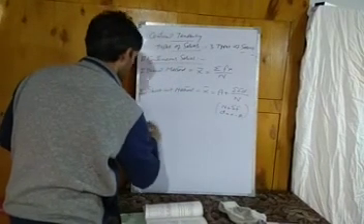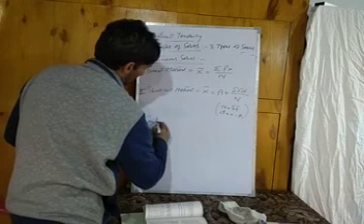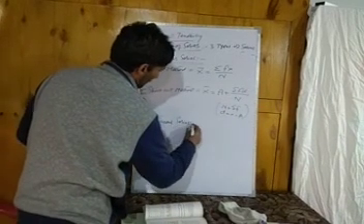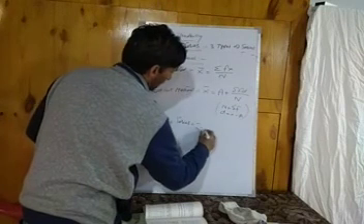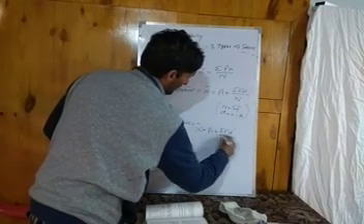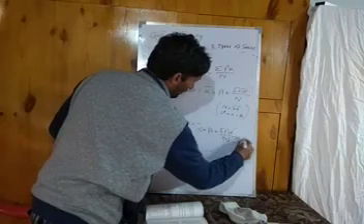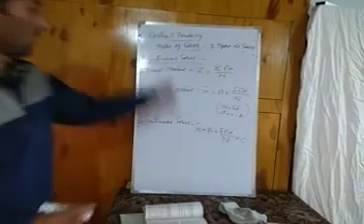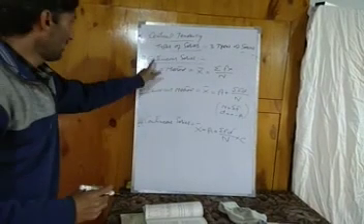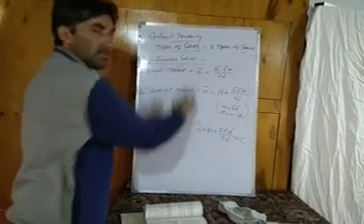Third one is continuous series. For continuous series, x bar is equal to a plus summation fd dash divided by n into c. So these are the three formulas. The formulas for discrete series and continuous series are almost the same.